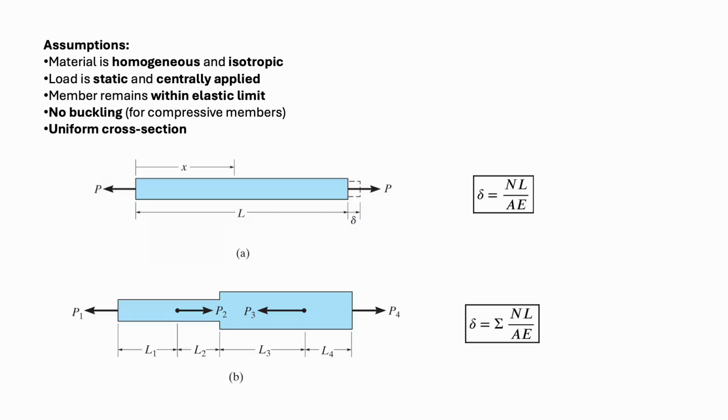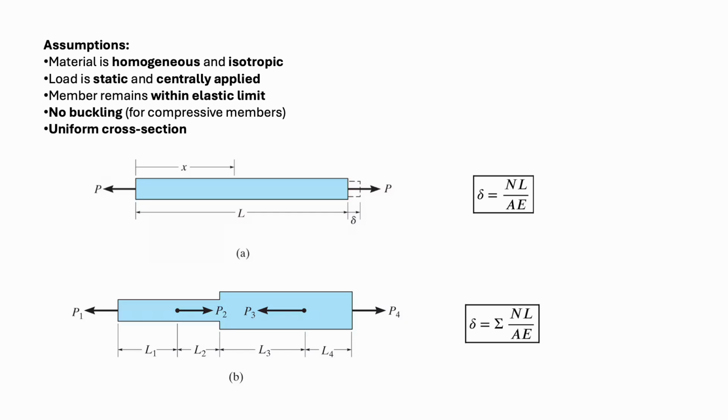We don't have buckling, which means that we have enough thickness for our member which is subjected to a compression force. And we have, for instance, a uniform cross section. In the first case, where we have a uniform cross section, our delta will be force N or P times length over cross-sectional area times modulus of elasticity.